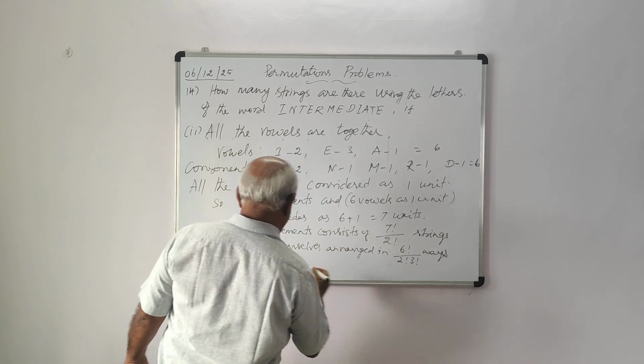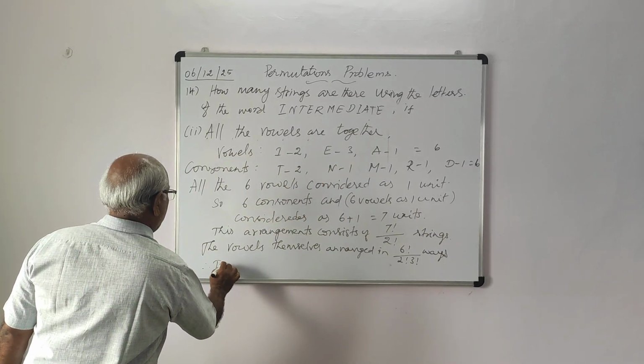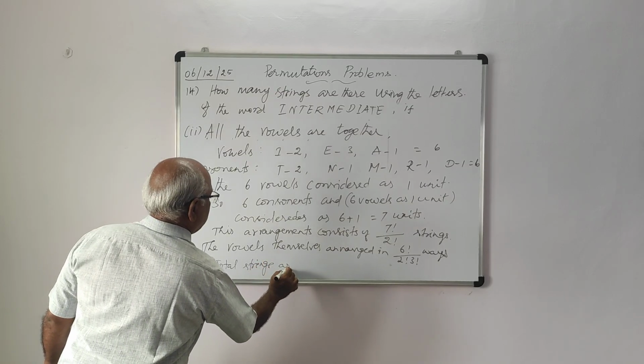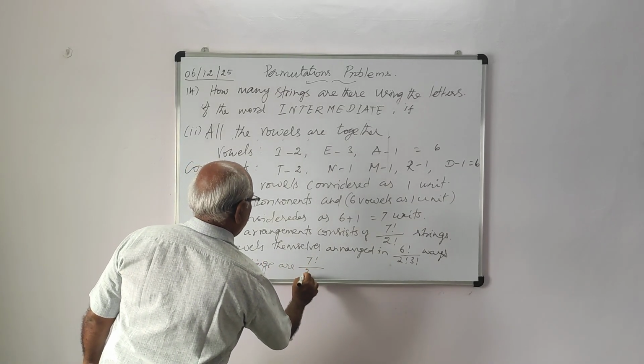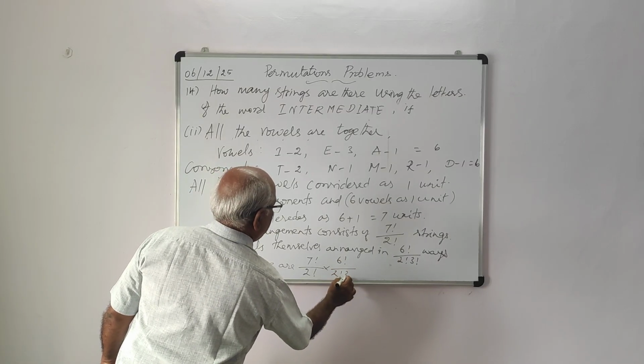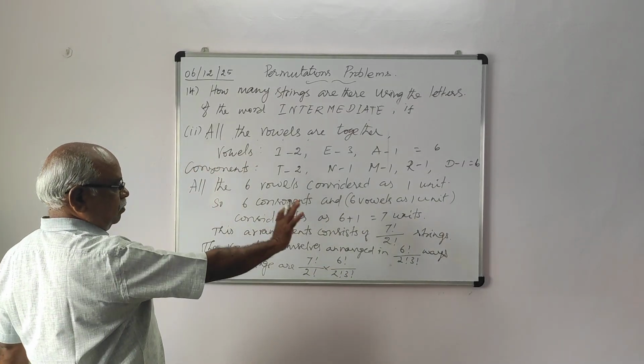Therefore, total strings are 7 factorial by 2 factorial into 6 factorial by 2 factorial into 3 factorial. That's all about the arrangement.